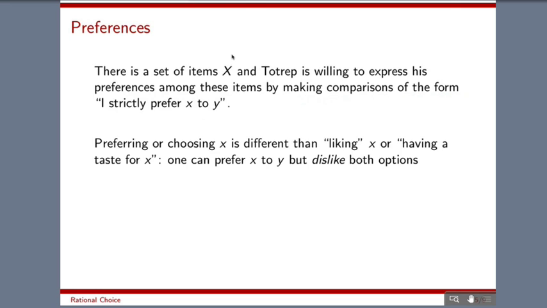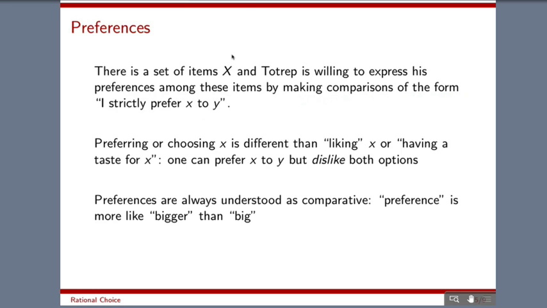There's a well-known movie, Sophie's Choice, that is about just this option. She has to make a horrible choice. She doesn't like any of the choices she has to make about her children, but yet she still is forced to say, I strictly prefer this one option over this second option. So that's one thing to keep in mind.